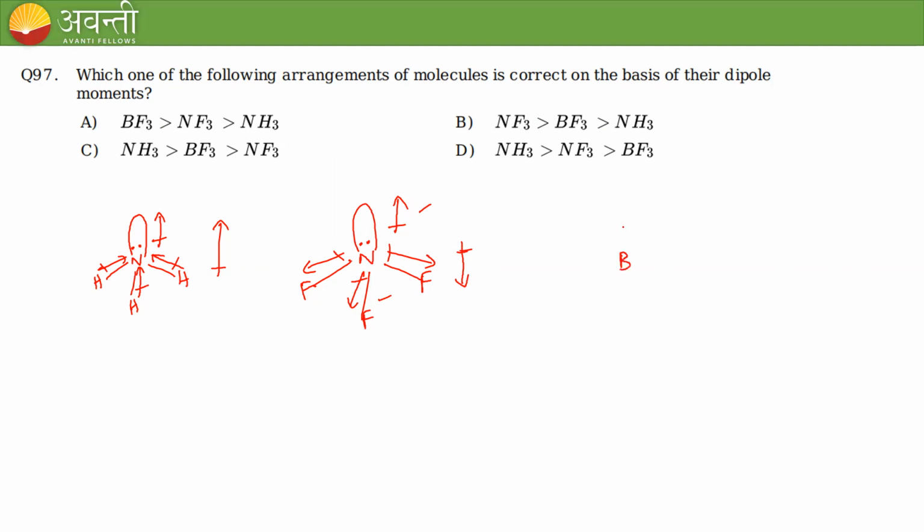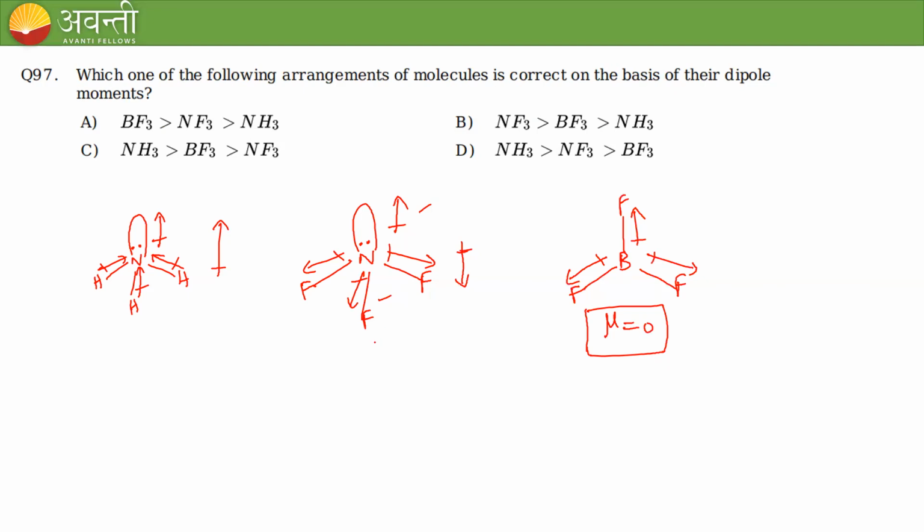Now coming to BF3, BF3 is trigonal planar in geometry. So from all three sides, equal pulling of electrons takes place and the dipole moment mu becomes 0. So that has the least value.